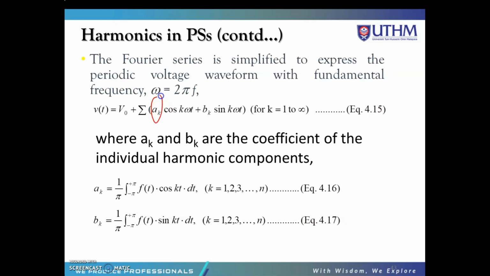Equation 4.16 is for AK, and for BK, the equation is 4.17.